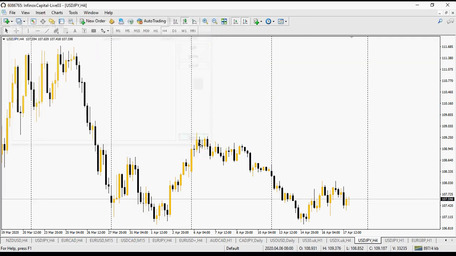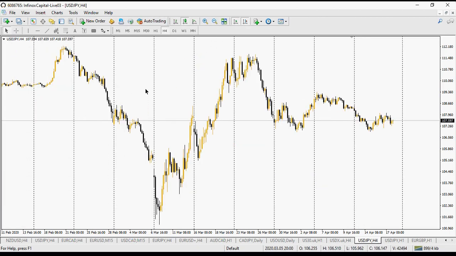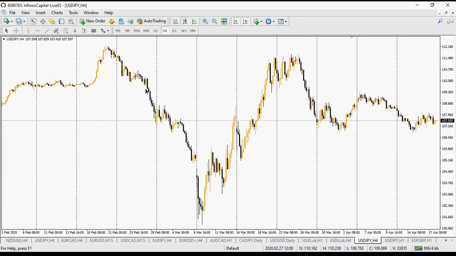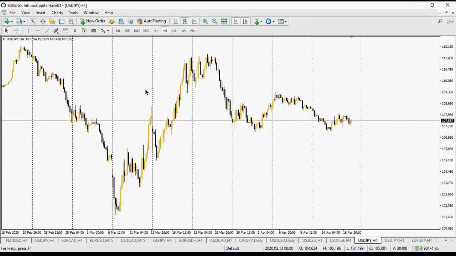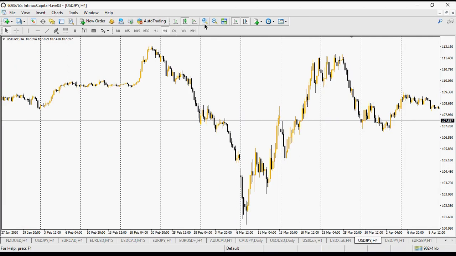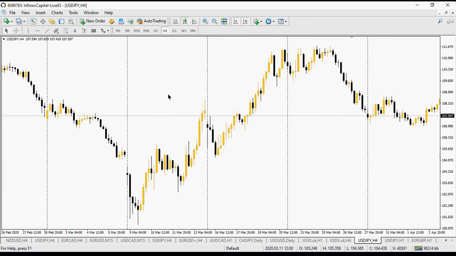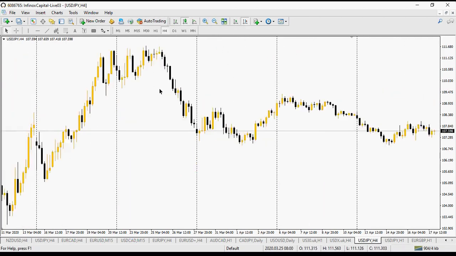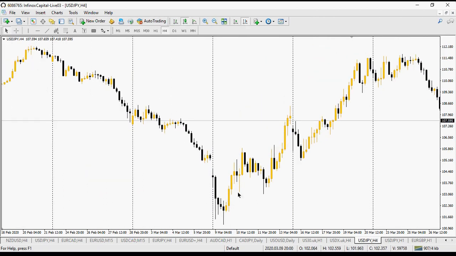Let's delete everything on the chart. Let's say, for example, we want to see how far this market retraces when it started this bullish move from the bottom to this top, before it goes up.